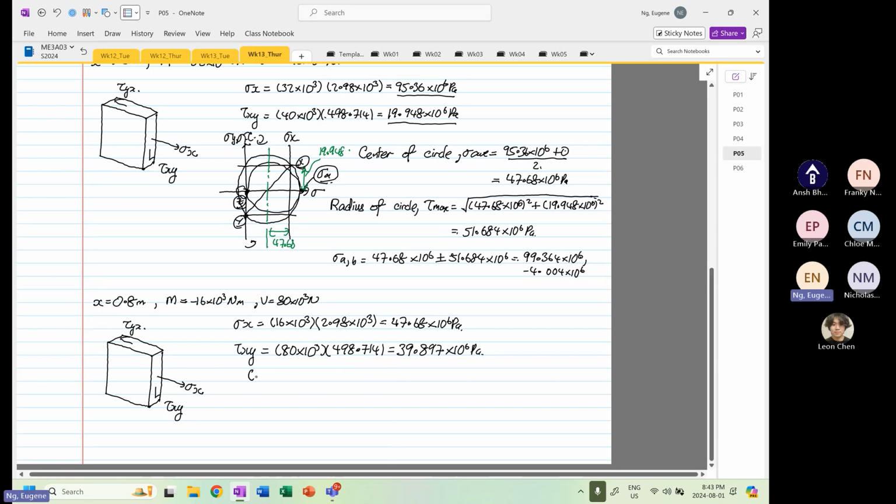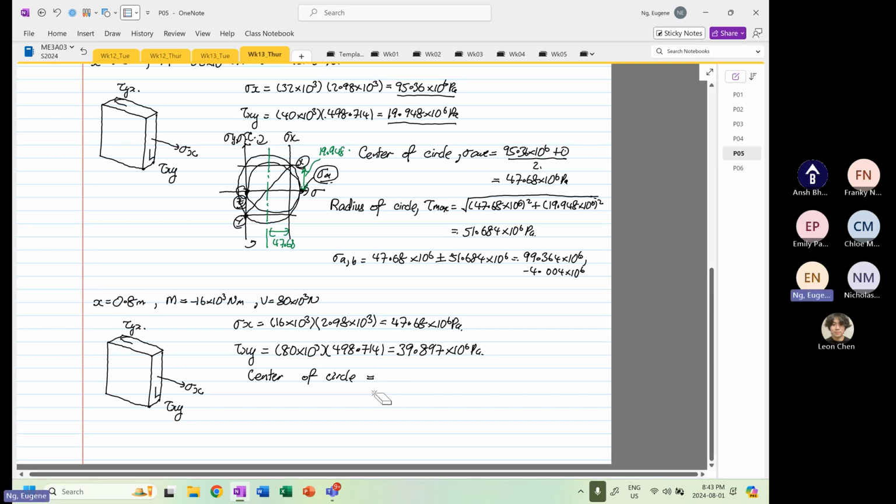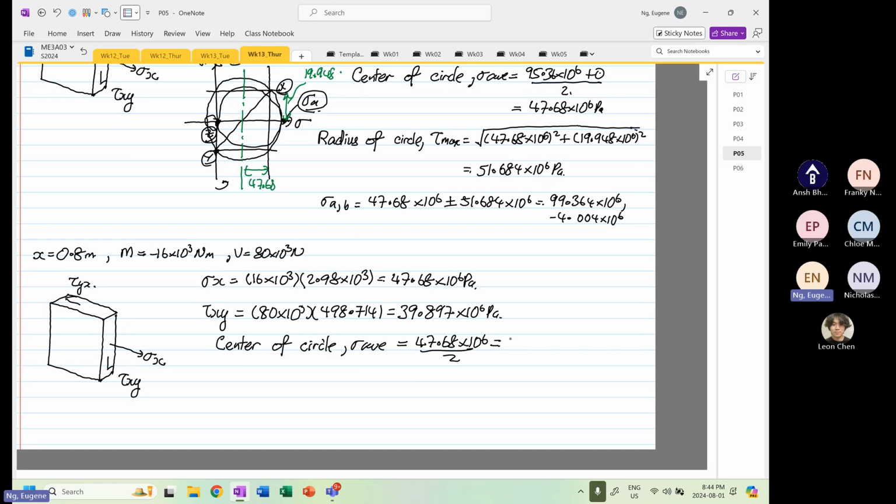When we calculate the center of the circle, this will be equal to our average stress. The same procedure: 47.68 divided by 2 is 23.84.